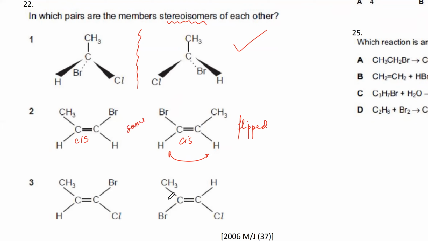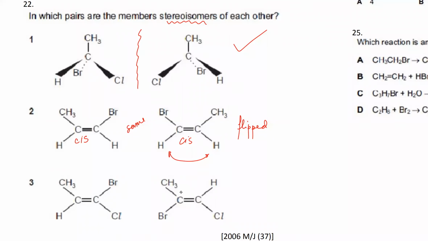Are they stereoisomers, cis and trans, or not? They're not. No, sir. They're structural isomers, because remember, in stereoisomers, they should be bonded in exactly the same way.